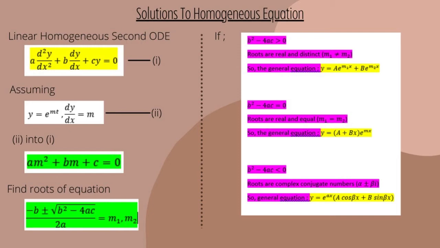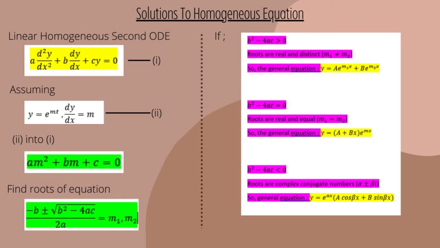And then we have to find the roots of the equation, because the equation in green, the first green, is what we call a quadratic equation. Also we can find the two answers, m1 and m2, and if b square minus 4ac is larger than 0, roots are real and distinct, which means m1 not equal to m2.